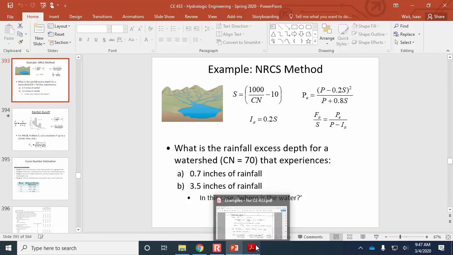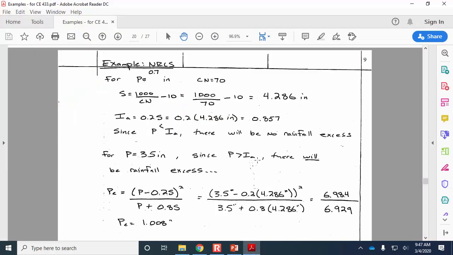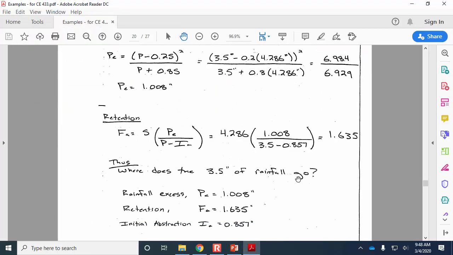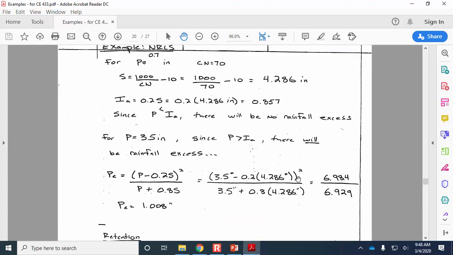All right, so we're trying to figure out in these two scenarios what happens with the watershed. So what we find is 0.7 inches is going to cause no runoff, right? So 0.7 inches, we'd have a maximum storage of 4.286 for this curve number.